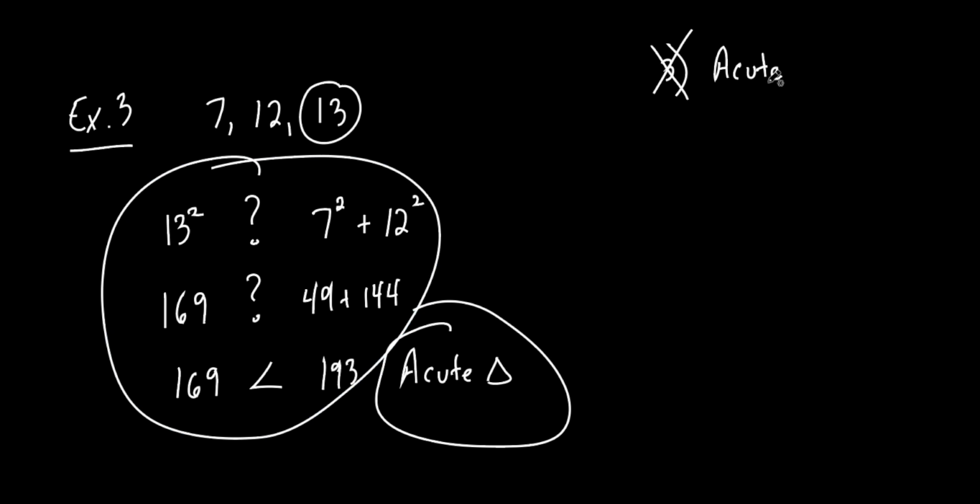You're just going to guess and write down acute or obtuse? No, you're going to show your work. This is showing your work. When I say show your work, that's what I'm talking about right there. So on every one of these problems, that's what you must do. Make sense?